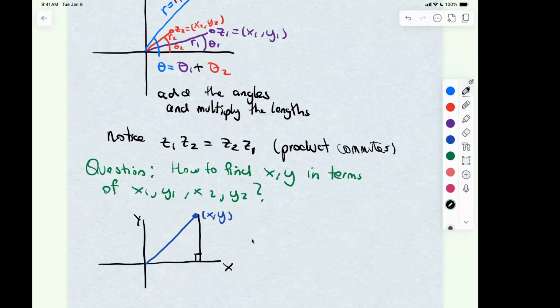We know that this angle is theta1 plus theta2, because the angle is the sum of the angles. And we know that the length of this hypotenuse was the product of the lengths of the other two hypotenuses. So this hypotenuse has length R1 times R2.